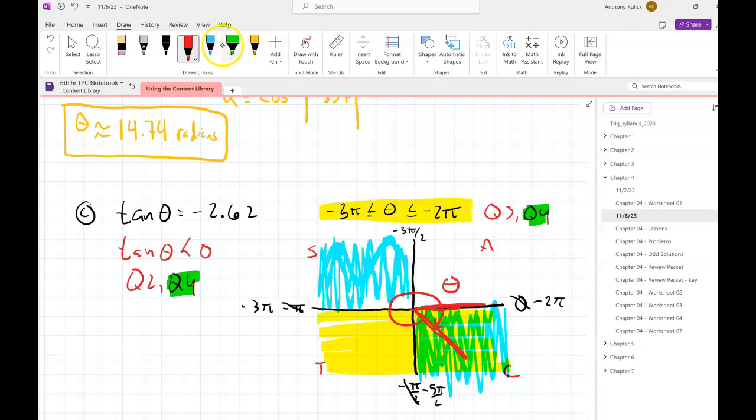So we know that tangent is negative, right? Because it's a negative number. The A says all sine, cosine, and tangent are positive in that quadrant. The T tells me tangent's positive in that quadrant. So the places where tangent isn't positive would be quadrants 2 and 4.